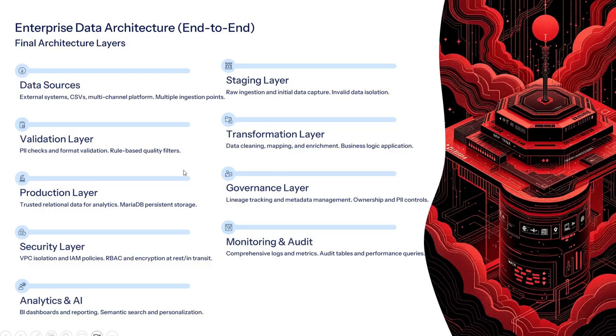For the production layer, we have trusted relational data for analytics, MariaDB persistent storage, governance layer, lineage tracking and metadata management like we just saw, ownership and PII controls, security layer, VPC isolation, virtual private cloud isolation and IAM policies, in identity access manager.